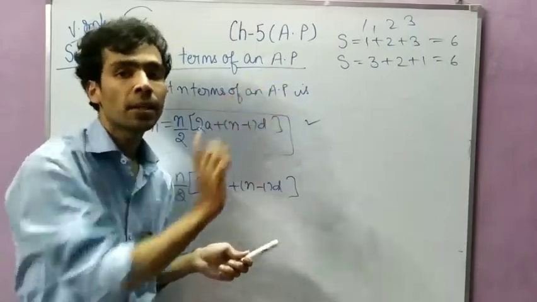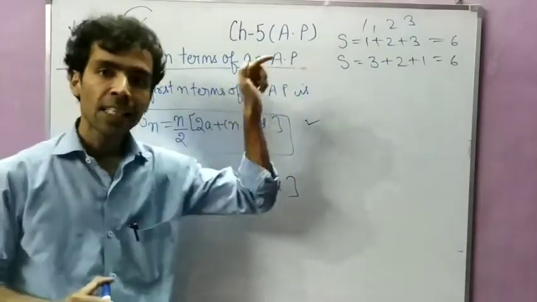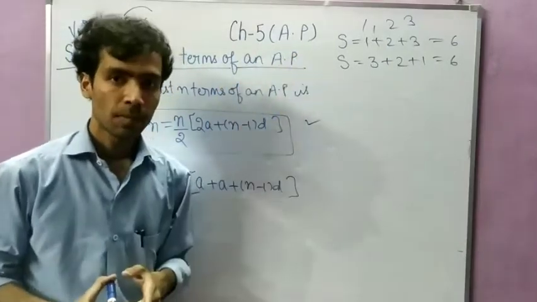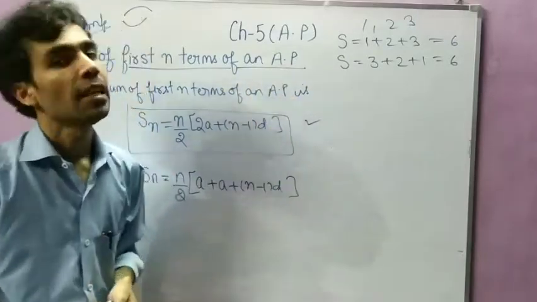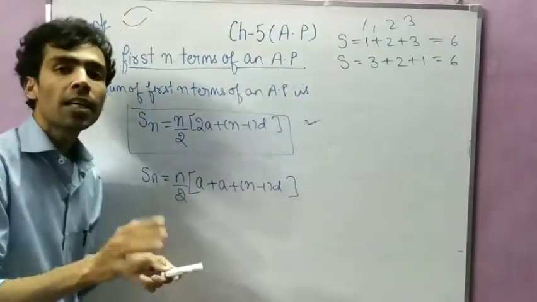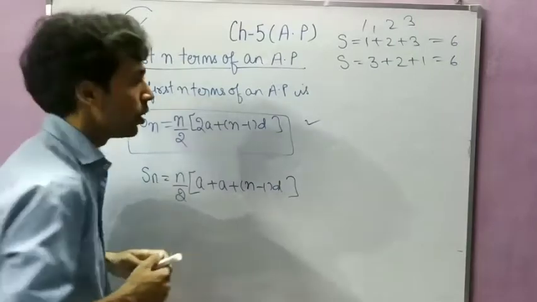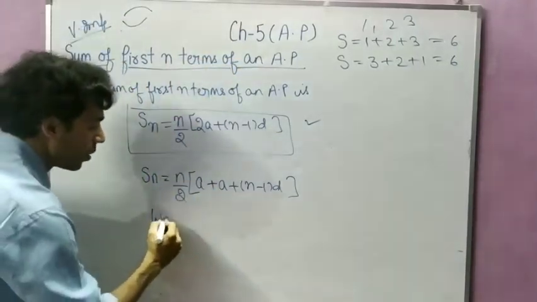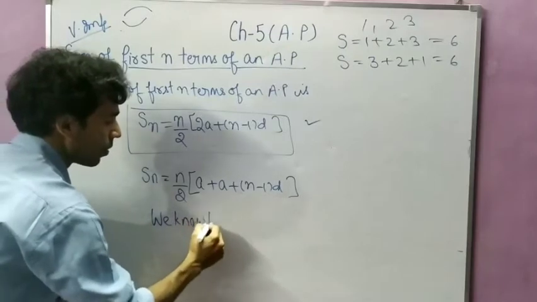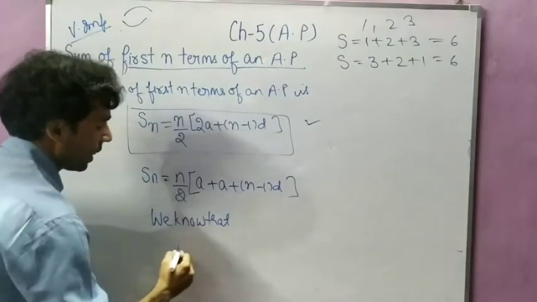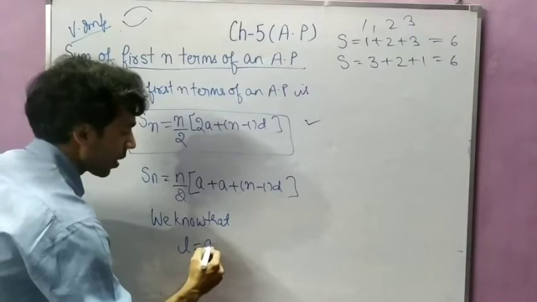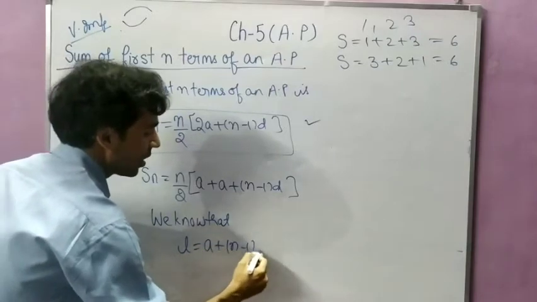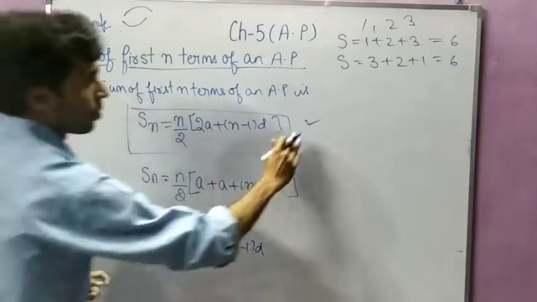There were n terms, so the nth term will be its last term, because in the AP there are only n terms. And we know that the last term L equals a plus n minus 1d. This we know.